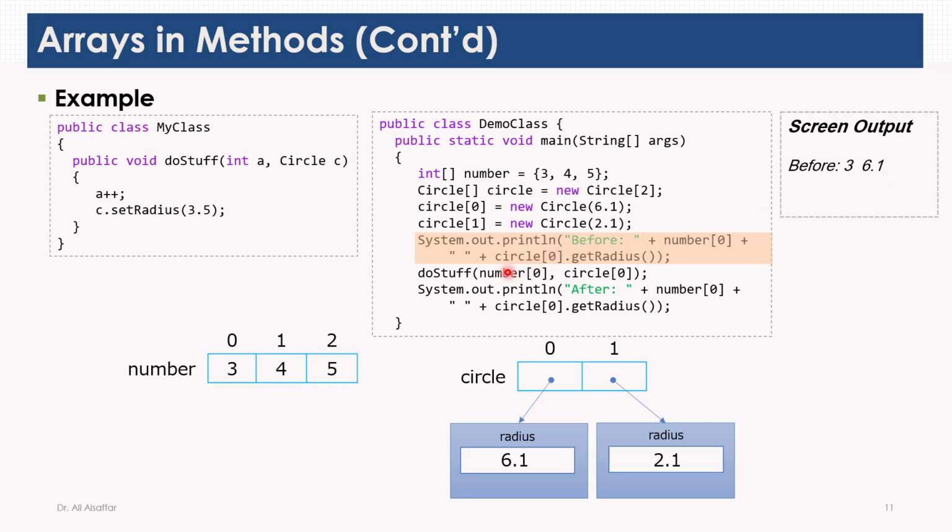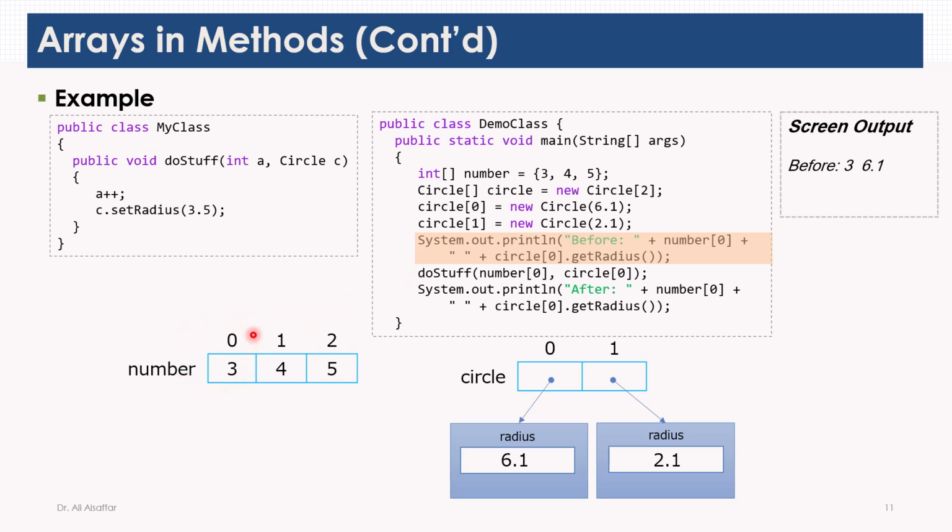Notice here we are using circle 0, and circle is an array of objects of type class circle. So it is a pointer. And how do we call a method on an object if we know its reference? We use dot. Now next we are calling the method. After printing the values of the arguments before we pass them to the method doStuff, now is the time to call the method with the parameters number 0 and circle 0.